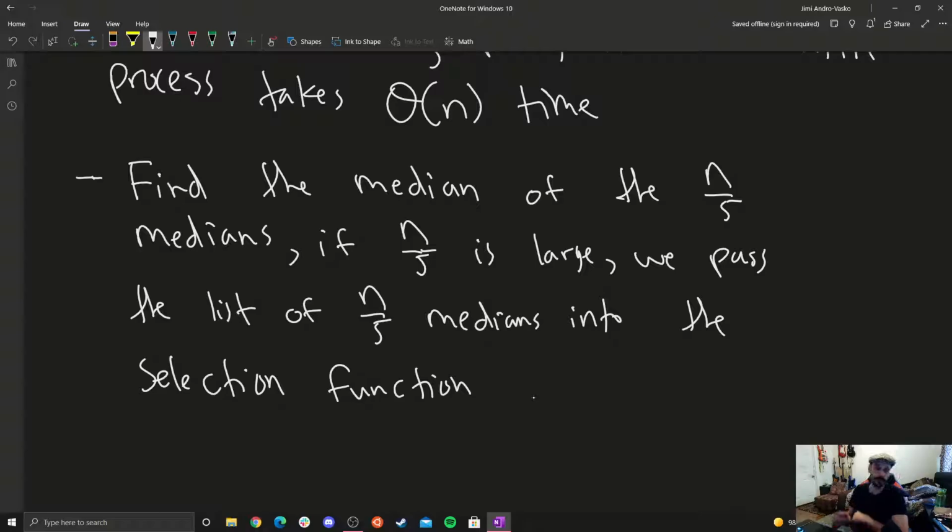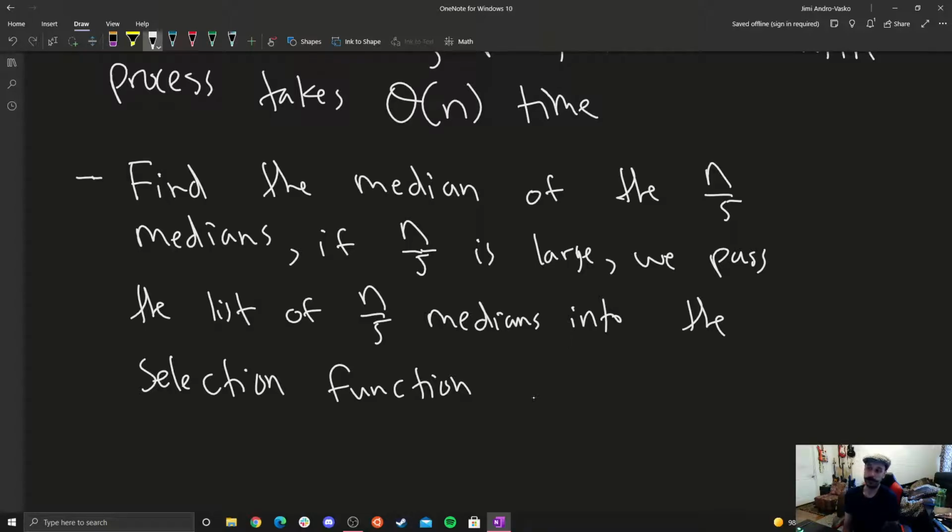We pass in a new array, which is the list of all these medians, and there are n over 5 of them. We do it recursively, and by the magic of recursion, it returns the median of these n over 5 medians.